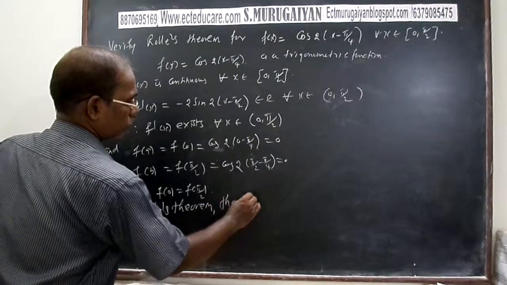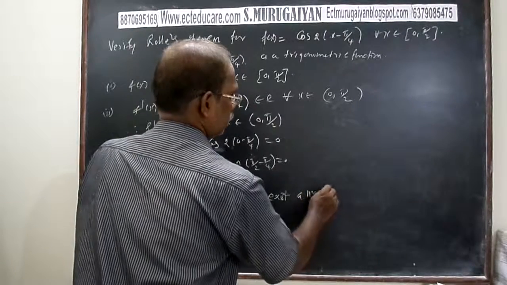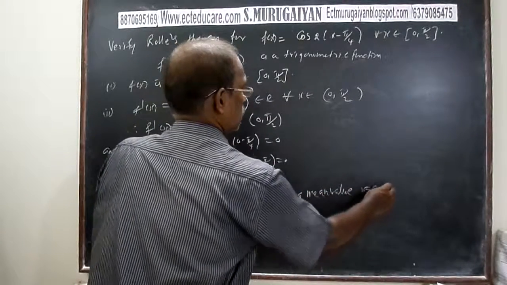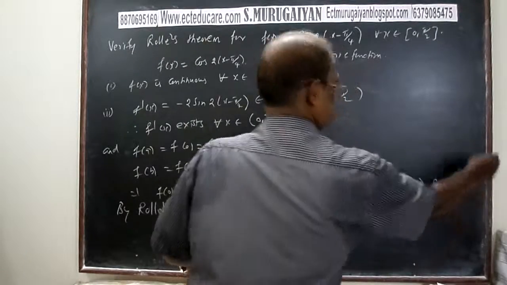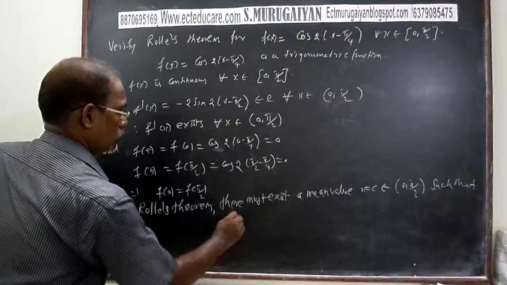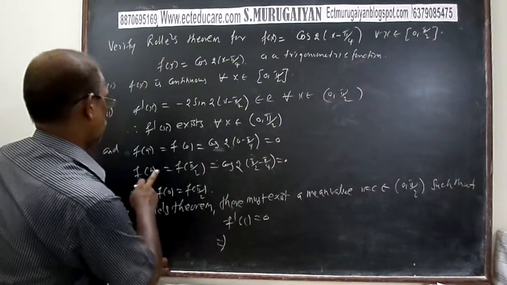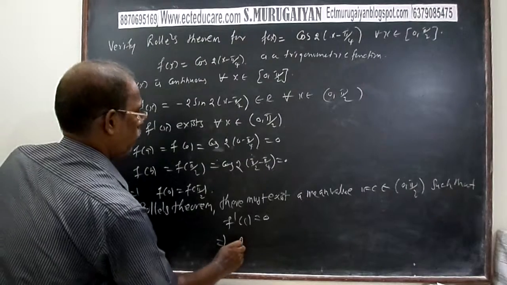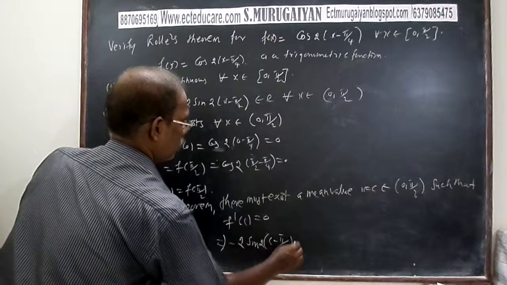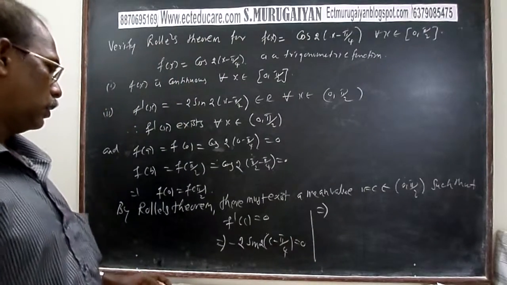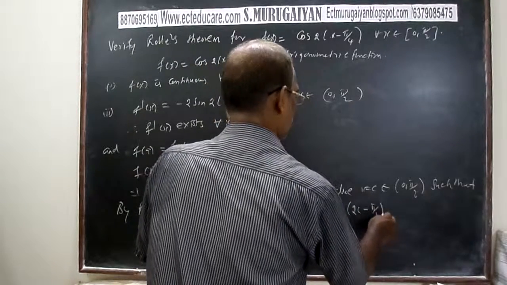there must exist a mean value x = c of the open interval (0, π/2) such that f'(c) = 0, and this implies -2 sin 2(c - π/4) = 0, and this implies sin(2c - π/2) = 0.